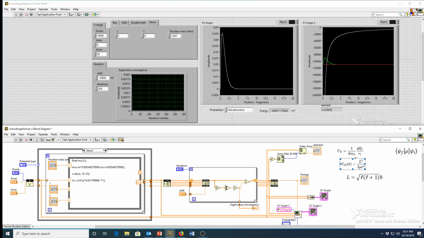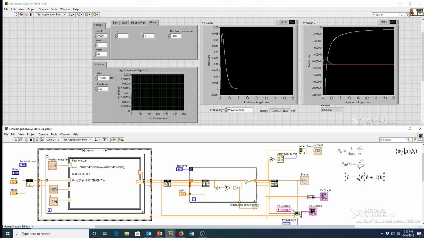In fact, centrifugal forces actually arise from kinetic energy, and they're not a true force in that sense, but you can treat them as a force by taking the angular momentum squared divided by 2 times the reduced mass times r squared.